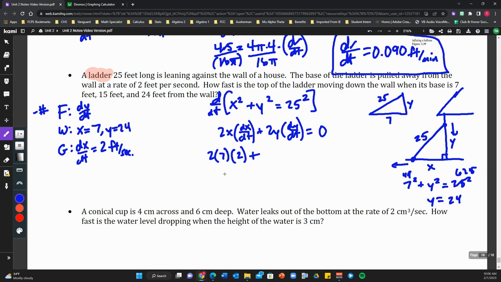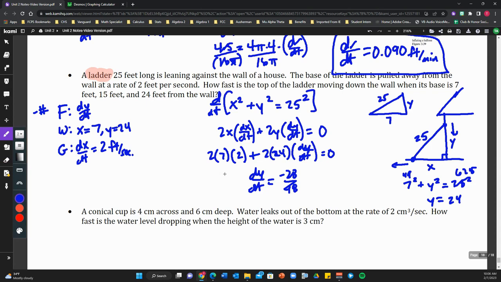That's a special instance. Because of that, now I can actually finish this. I can plug 24 in here for y. dy/dt is still unknown. So I'm going to move the 28 over to the other side and then divide by 48. What I end up getting is negative 28 divided by 48, and then I can reduce that.